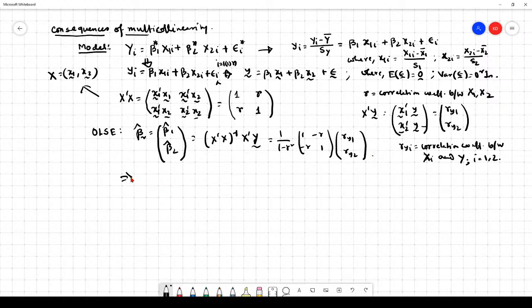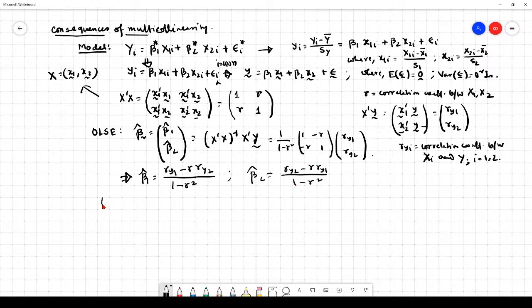So beta 1 curl hat is equal to (r y1 minus r r y2) by 1 minus r square, and beta 2 hat is equal to (r y2 minus r r y1) by 1 minus r square.